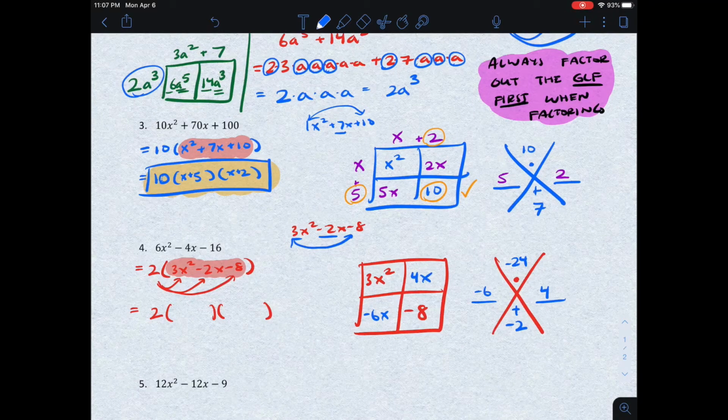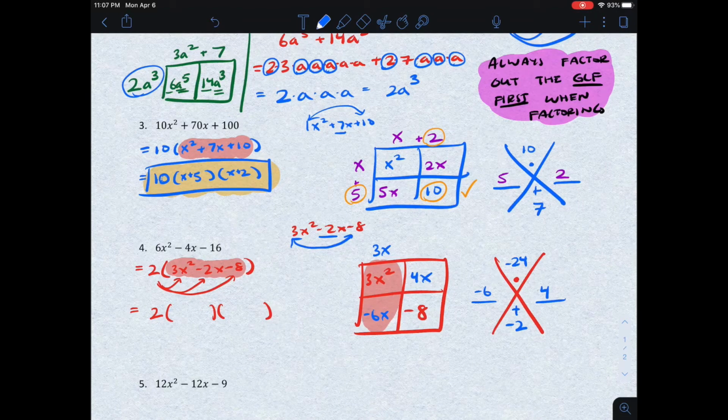And then we need to figure out what goes on top and on the left. So the way I'm going to do that is pick a row or column and find the GCF of that row or column. I'm going to pick the first column here, 3x squared and negative 6x. When I find the GCF of those two terms, I should get 3x. Verify that that is my GCF.